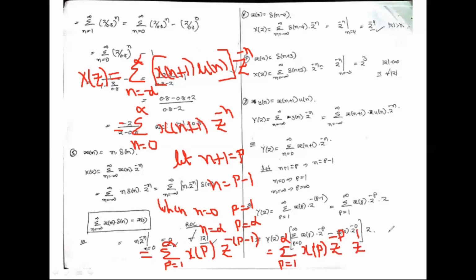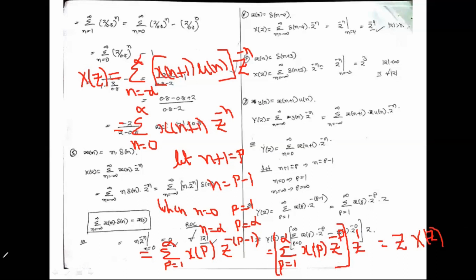Okay, my dear students. So now we can add the x of 0, so it goes from 0 to infinity or 1 to infinity. According to the unilateral z transformation, this function is X of z only. Okay, minus x of 0, becomes z into X of z.